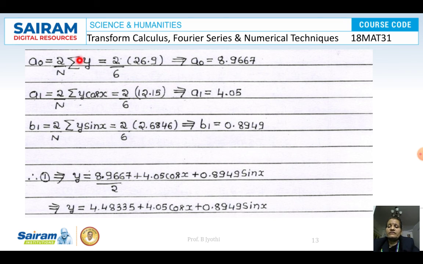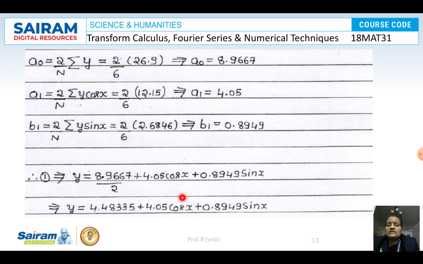So a0 is given by 2 by n sigma y, that is 2 by 6 into 26.9, which gives us 8.9667. And the a1 value is given by 4.05 and the b1 value is given by 0.8949.